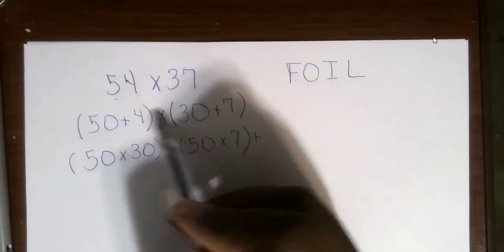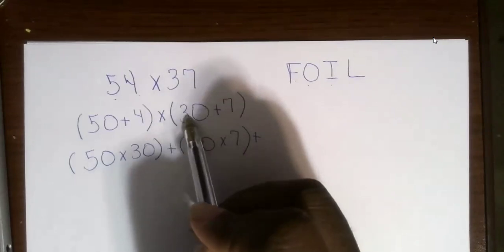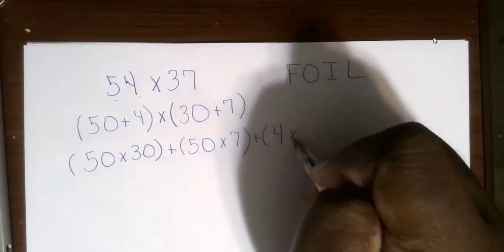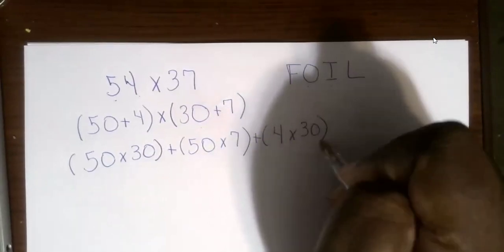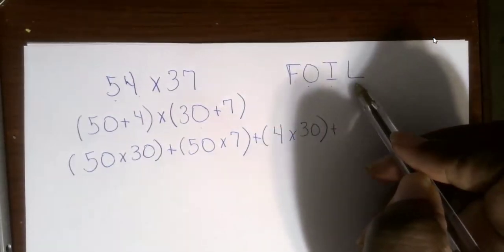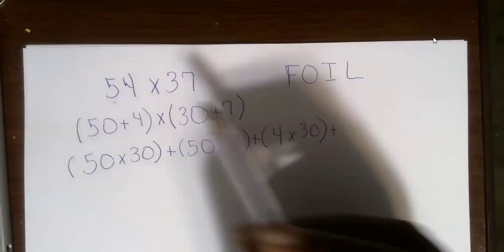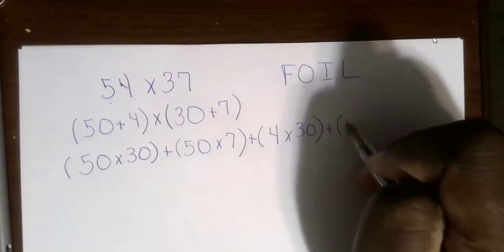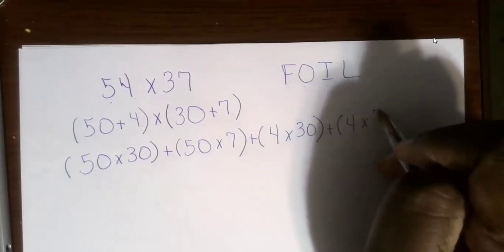I'm going to multiply the two numbers that are on the inside of each parenthesis. So that's going to be 4 times 30, plus my L stands for last. So I'm going to multiply the two numbers that are last in the parentheses, and that's going to be 4 times 7.